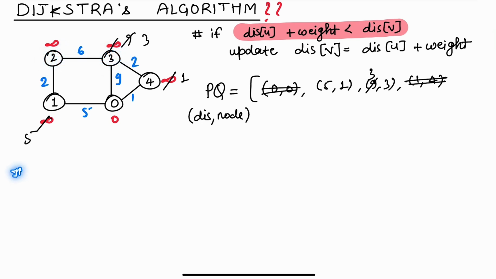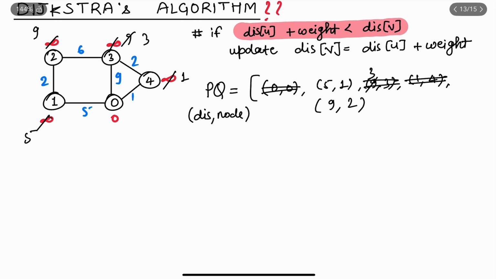So here we will check the distance of u, that is 3, plus weight is 6. 3 plus 6 is 9, and distance of 2 is infinity. So what we will do is we will update the distance of 2, that is 3 plus 6, 9, and we will update the priority queue to be 9, 2, and we will pop this node.